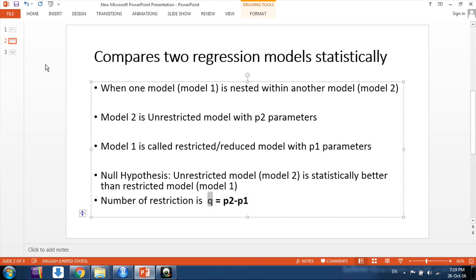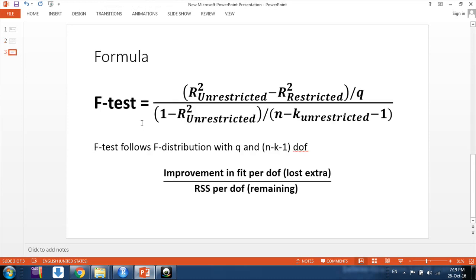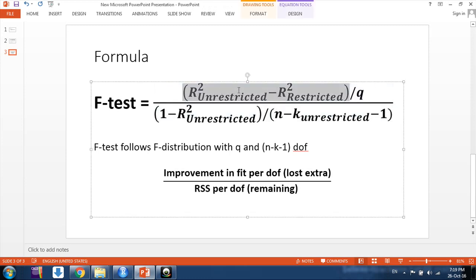So now we come to the simple formula we have for F test. This is the standard formula. It could be expressed in terms of residual sum of square as well, but I'm using the simplest one, in terms of R square. The numerator here is R square of the unrestricted model minus R square of the restricted model, which we divide by the number of restriction.